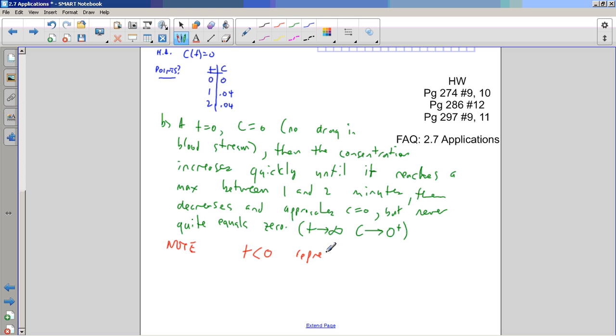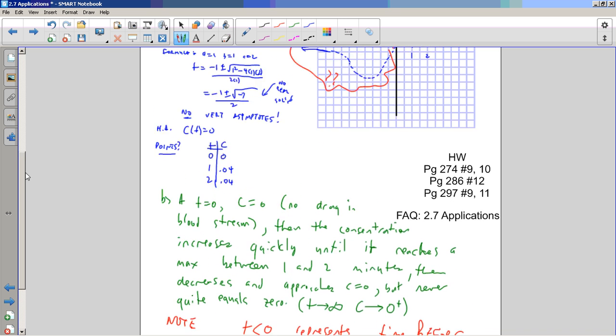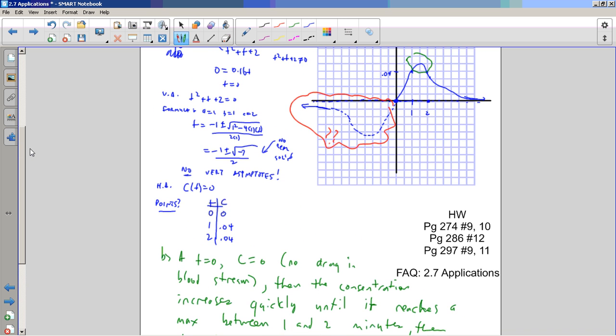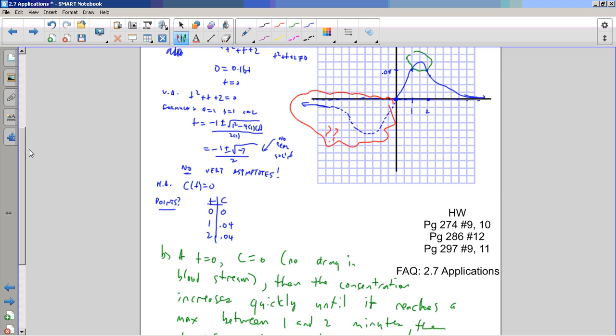So that's okay. Administered. Okay, I think that's how you spell it. If not, you can laugh at me later. So this idea of negative time before the drug is administered is okay.